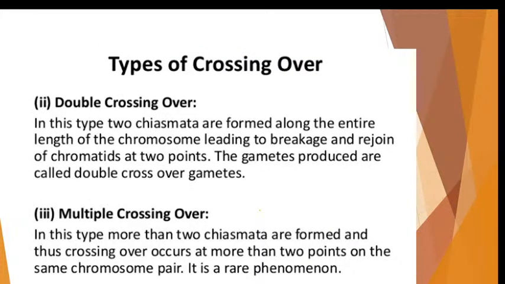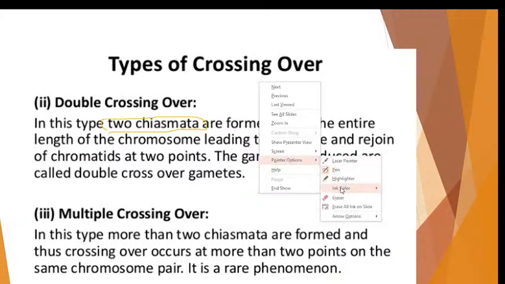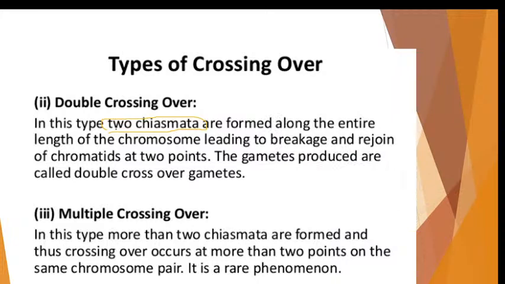Double crossing over means the chiasmata formed will be two. Two chiasmata are formed as a result of crossing over. That is known as double crossing over.